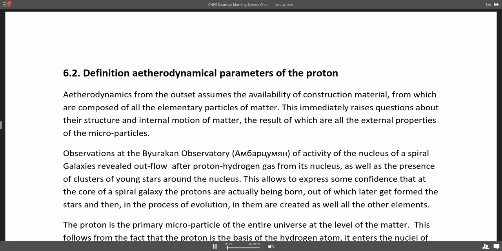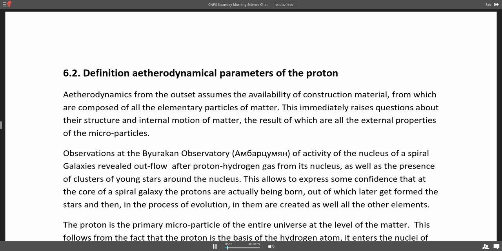When it comes to the proton, he starts from protons coming out of the center of spiral galaxies, and that might also answer the question or be related to the discussions about black holes. Anyway, he suggests that those structures are formed in the process of collisions of flows of ether on the large scales of reality, in particular at the centers of spiral galaxies.